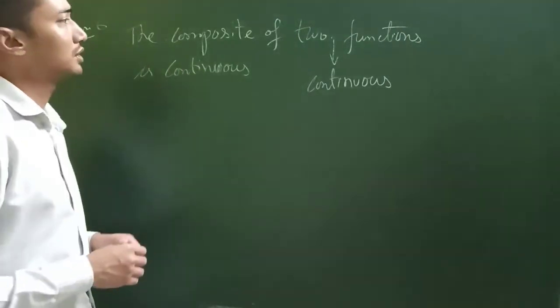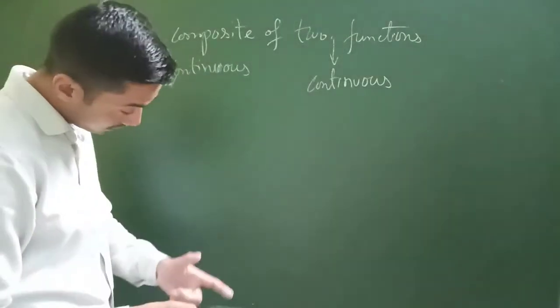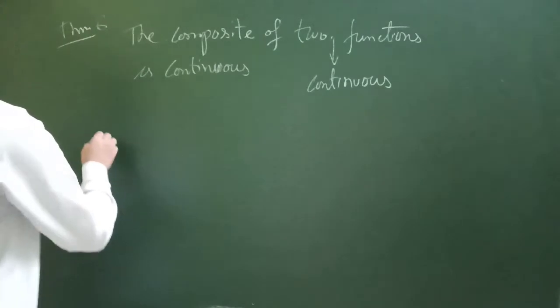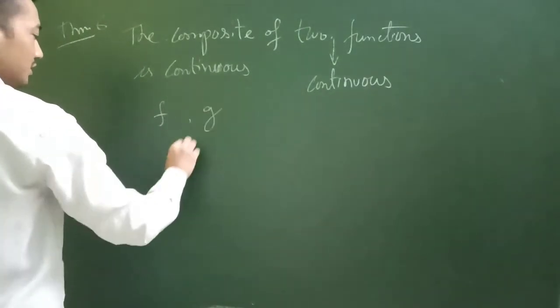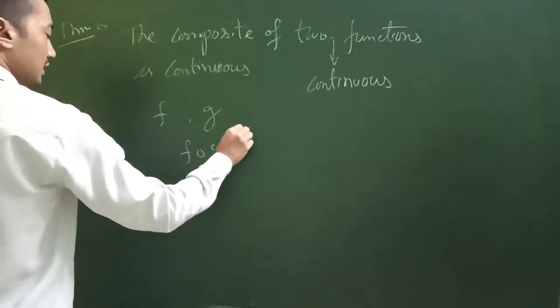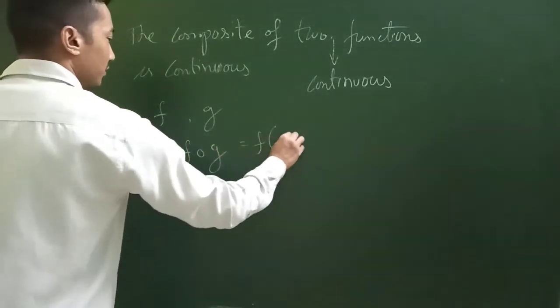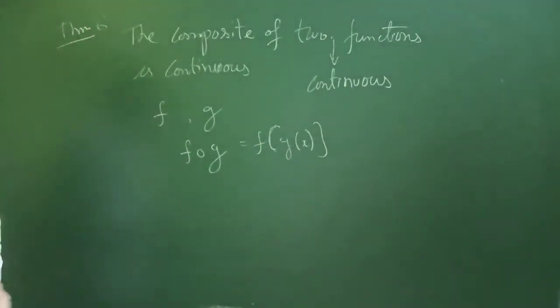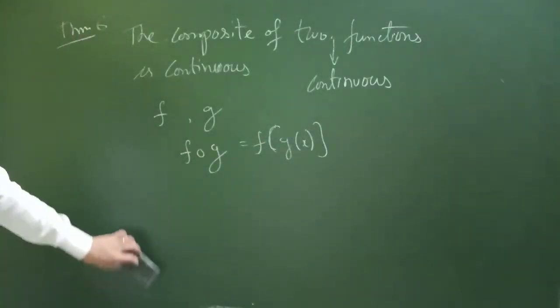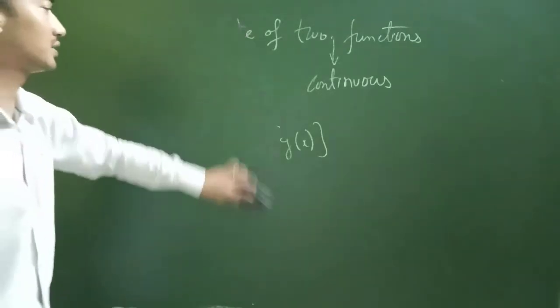So the composite of two continuous function is also continuous. So that means if you have two functions f and g which are continuous, then their composite f of g of x will also be continuous. The result will also be a continuous function.